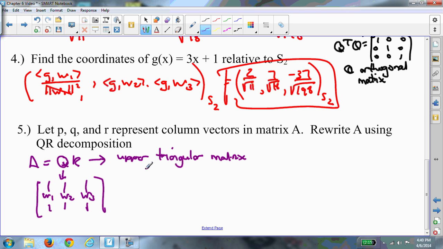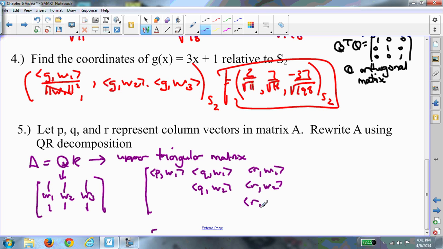So R would be my original vectors, like P inner product W1, and then, making sure I use the same letters, Q inner product W1 and Q inner product W2. And then over here, R inner product W1, R inner product W2, and R inner product W3.